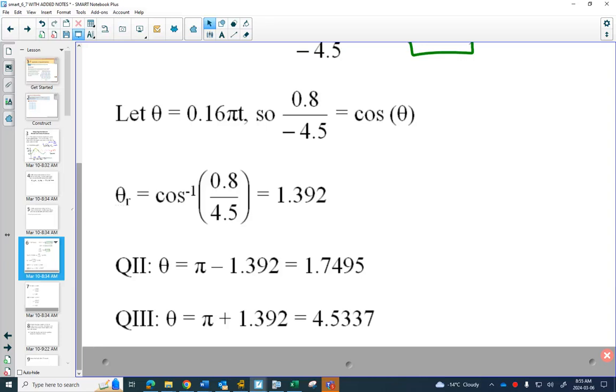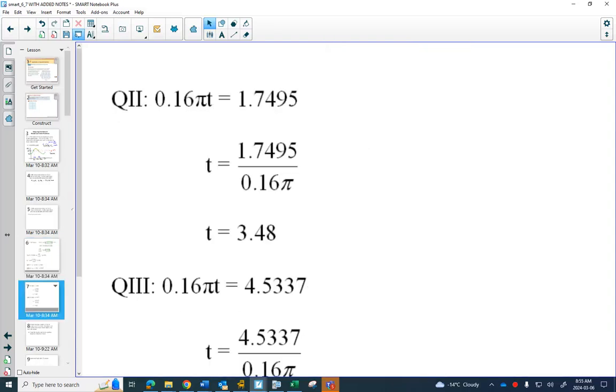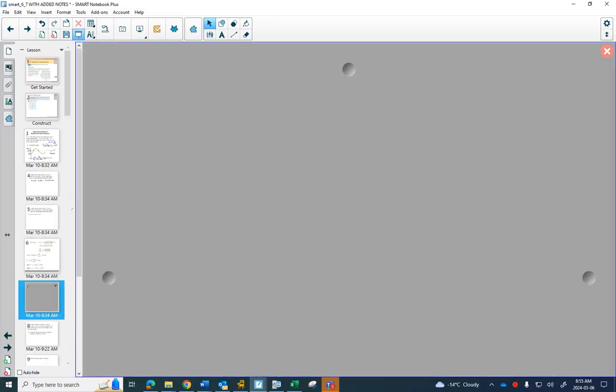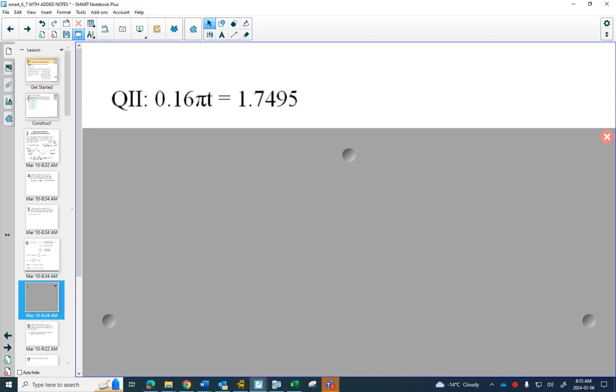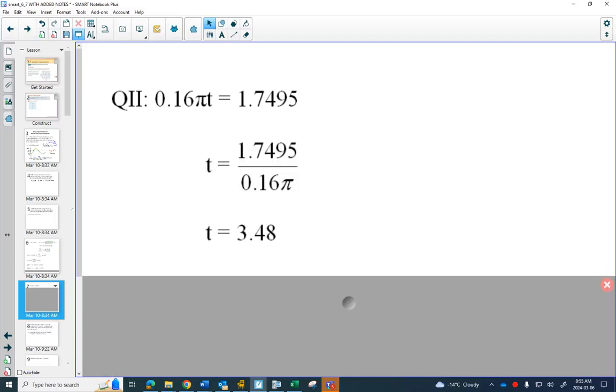Theta is 1.75 and 4.53. Perfect. I can now go and substitute back and say, well, what was theta? Theta was 0.16 pi t. But now that I solved for theta, I can plug that back in, and it's not hard to solve for t. I would just have to divide by 0.16 pi, and look what we get, our 3.48.